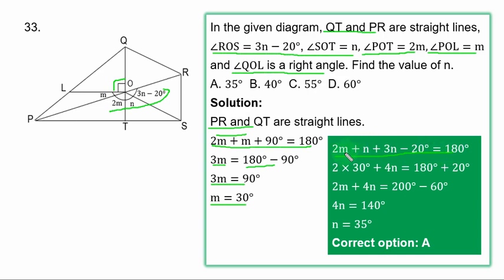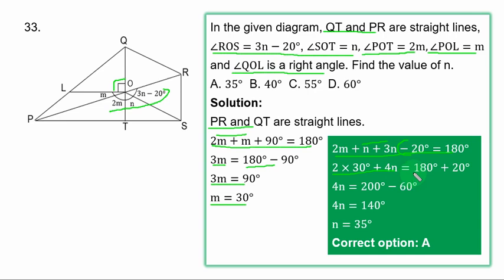Now m is 30. So you have 2 times 30 degrees plus 4n equal to 180, and you transfer this term, it becomes plus. So we've replaced m already.